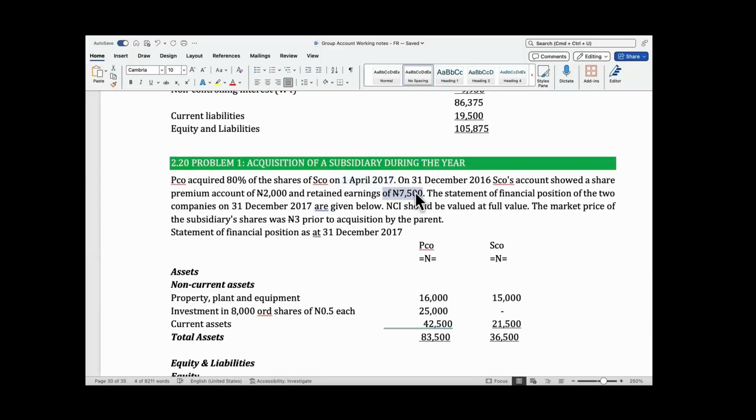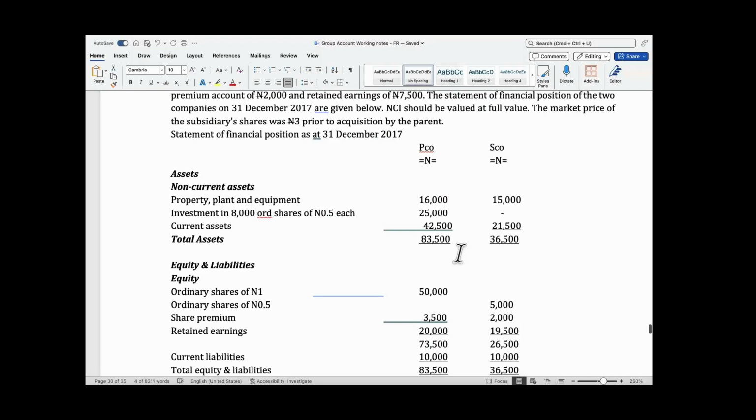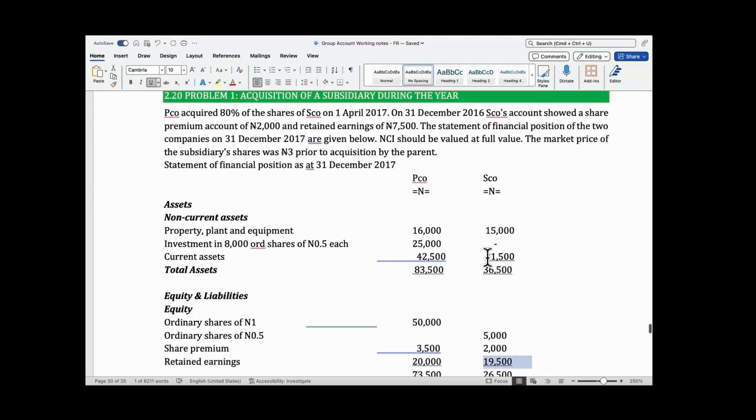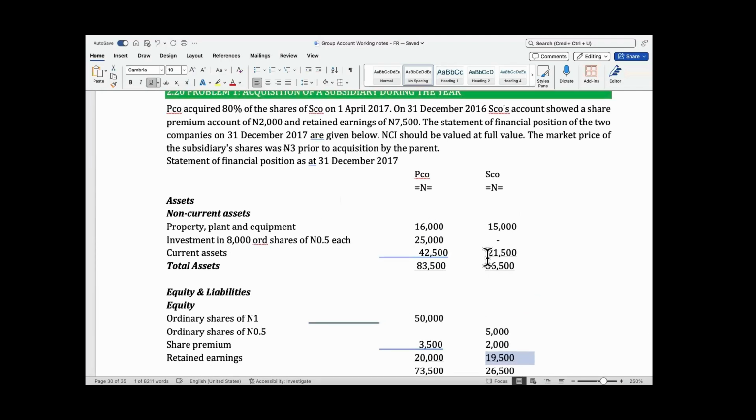But the retained earnings was 7.5 in December, and at the end it is 19.5. That means it has increased by how much?